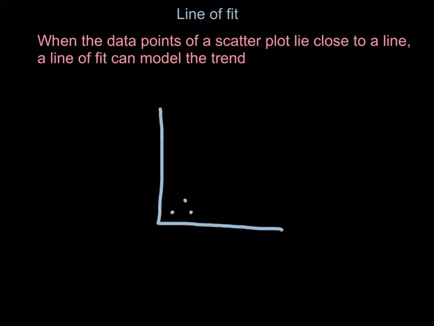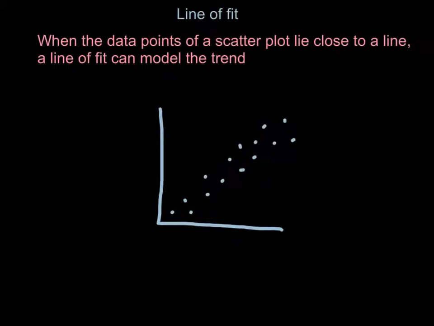So you need to determine, is it positive, is it negative, what's the direction in which the line needs to go. So in this graph, we have our scatter plot, we have our relationship, it is positive, and then you draw a line that seems to pass close or through most of the points. And it doesn't necessarily have to touch every point, but it is a straight line.